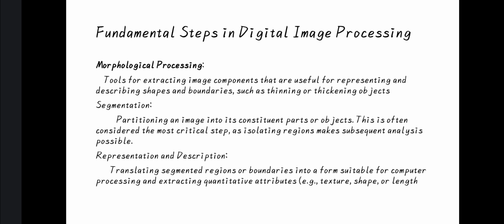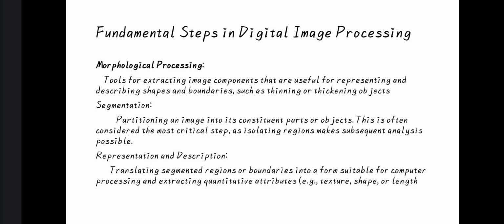Then representation and description; it follows the output of the segmentation stage. Representation makes a decision whether the data should be represented as a boundary or as a complete region. There are two types of representation: boundary representation and regional representation.